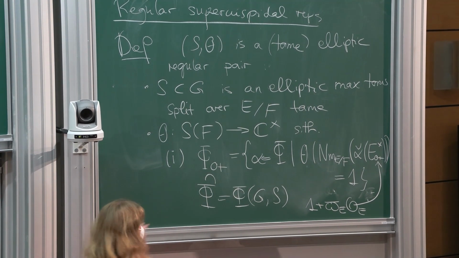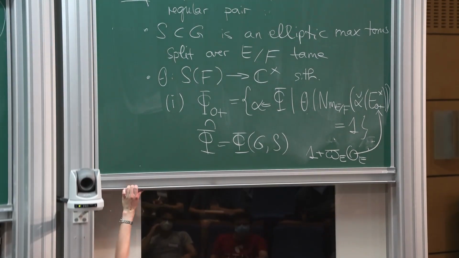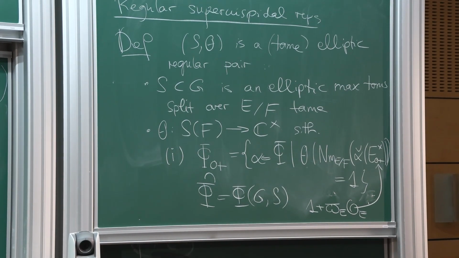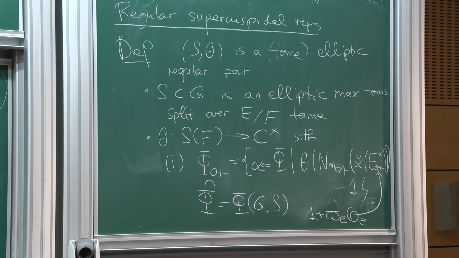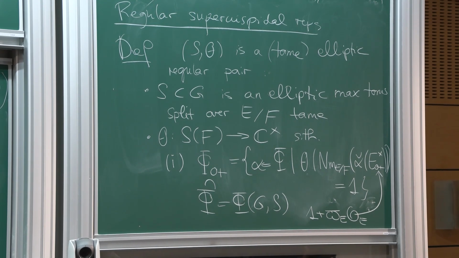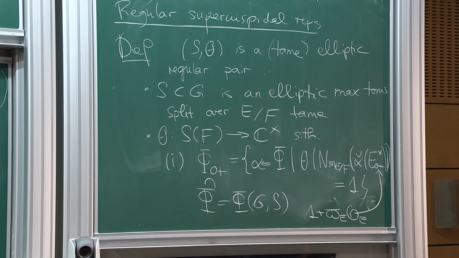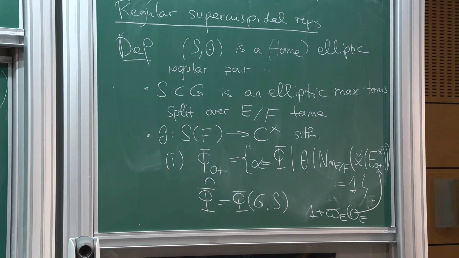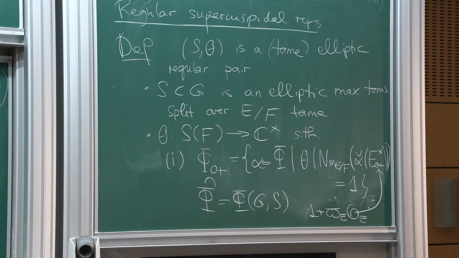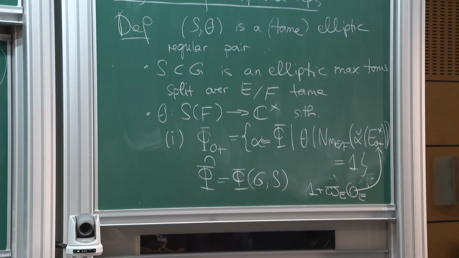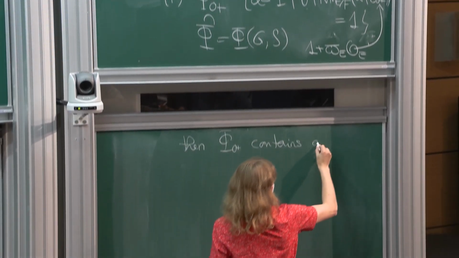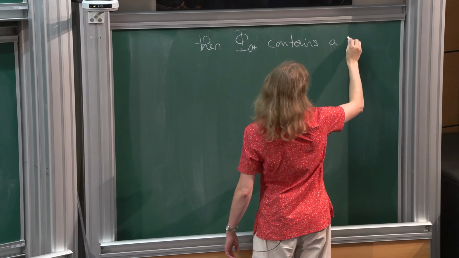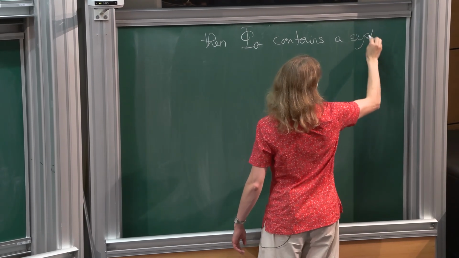So this is a subroot system. This actually corresponds to a twisted Levi subgroup. It's the root system of a twisted Levi subgroup. And the requirement is that Phi_0^+ contains a system of positive roots.